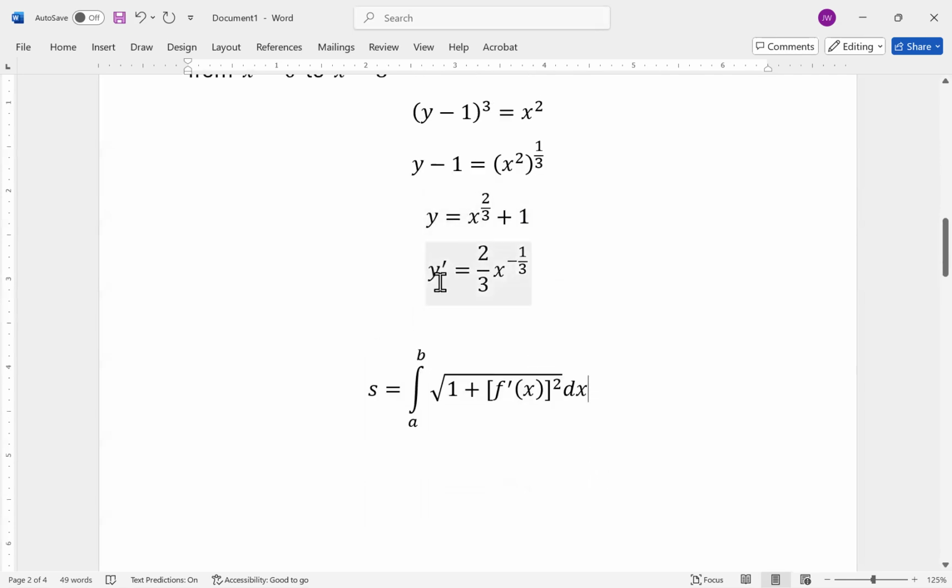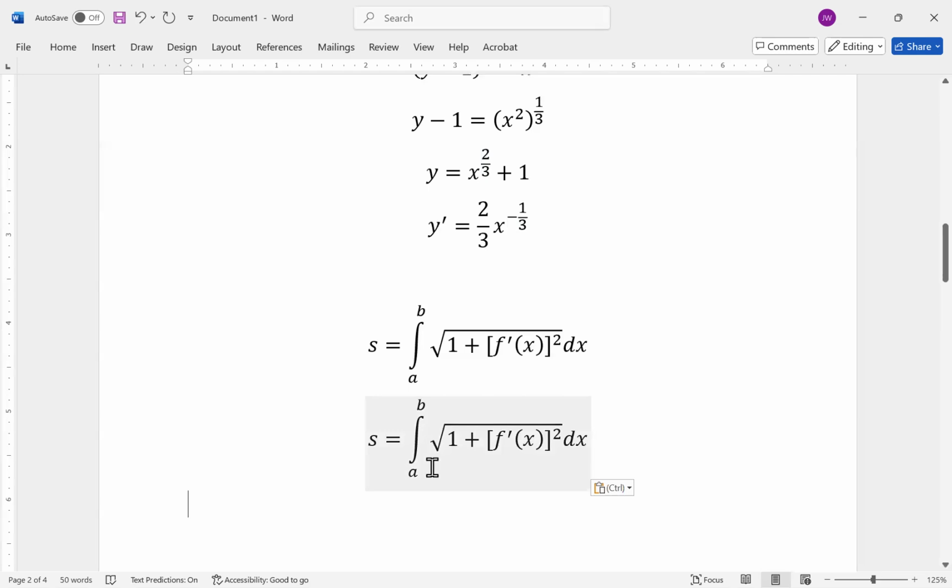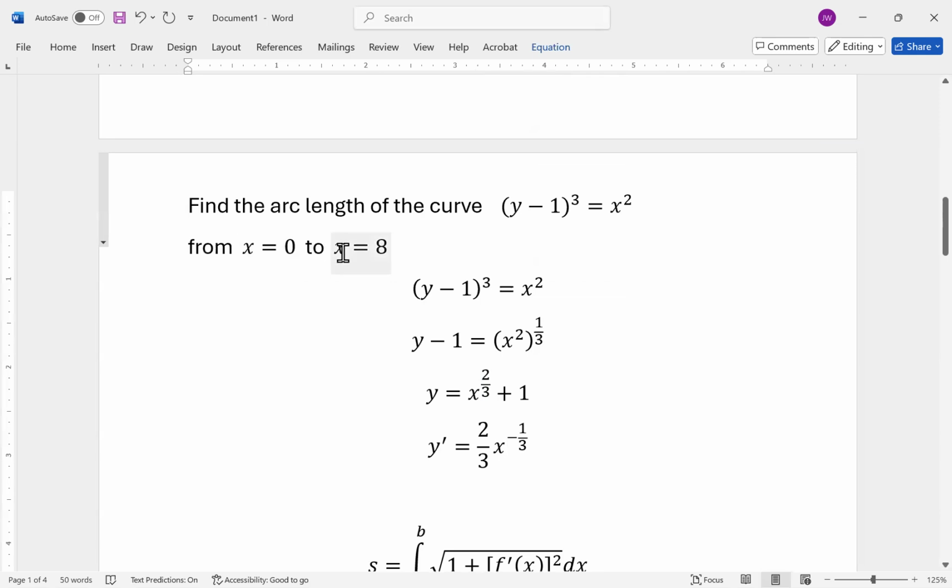So now I have the derivative of my f of x. To find the arc length, now I can just plug that in. I always like copy and paste. It's always a nice thing. My x values, it said, were ranging from 0 to 8.